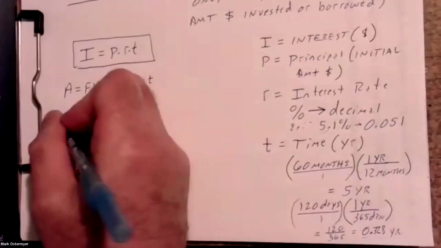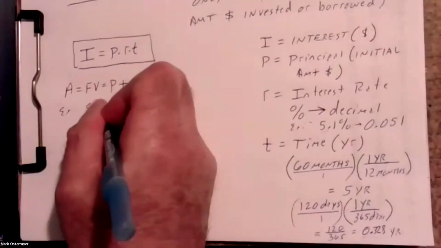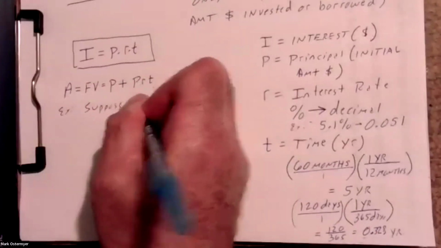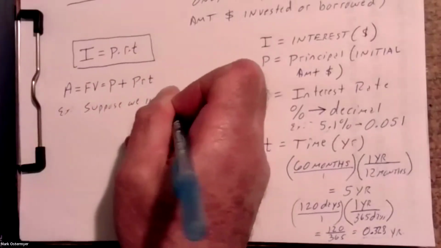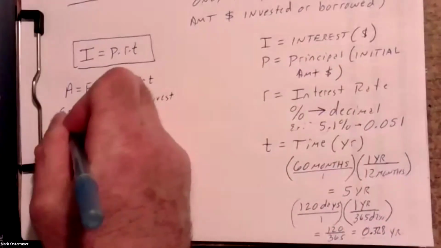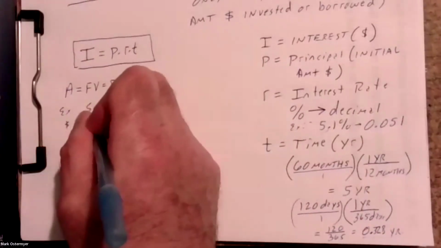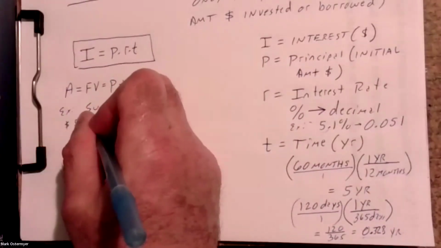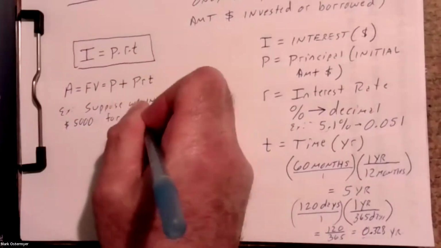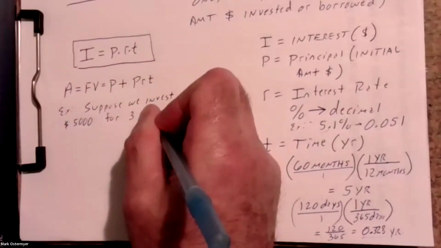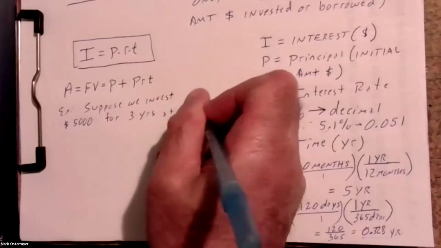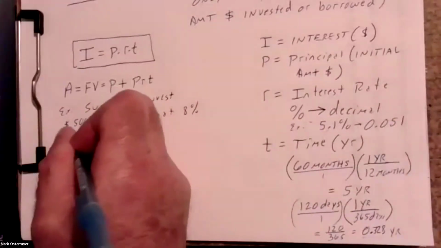All right, here's an example. Suppose we invest, let's say, $5,000 for 3 years at 8% simple interest.